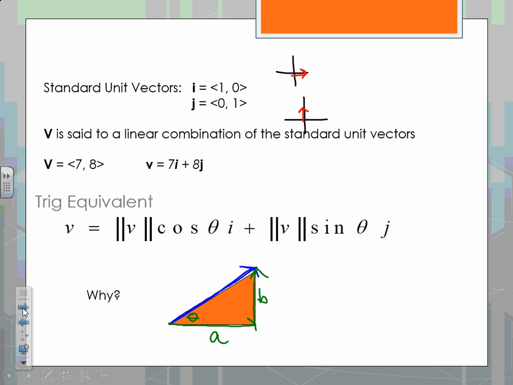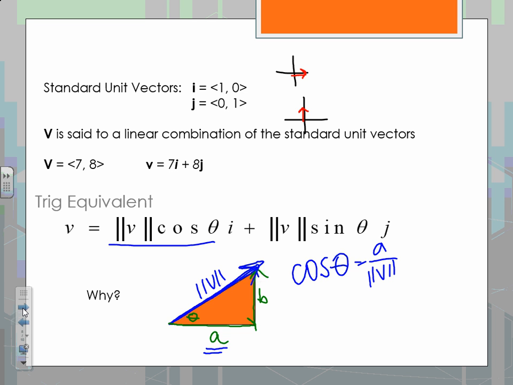How long is the blue vector that I drew? The magnitude of V. So, if I want to talk about A right here, the cosine of our angle is adjacent over hypotenuse. And when we multiply that by the magnitude, we get our horizontal component A.